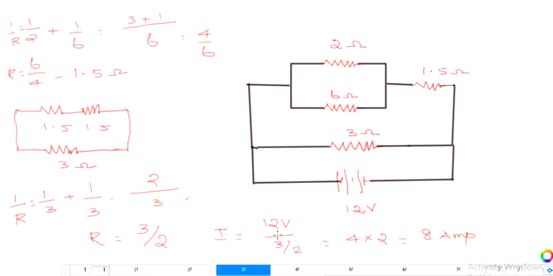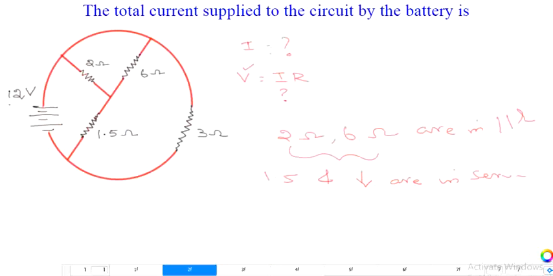Now, I will explain once again how to do this. If a circuit is given like this, first we have to find out the total resistance. To find out the total resistance, we have to analyze how the circuit is connected. These two are in parallel. Therefore, we are redrawing the circuit, and this parallel combination is in series with this, and these two are connected in parallel.